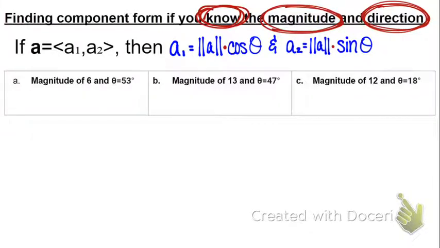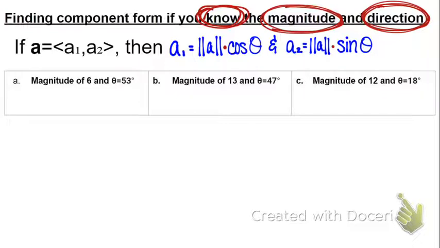What's the radius on a unit circle? 1. So all this is doing is saying to find the x part and the y part, I'm still going to do cosine for the x, I'm going to do sine for the y, but then I'm going to multiply it by the magnitude, which would be the radius of this bigger circle. Does that make sense? A little bit?